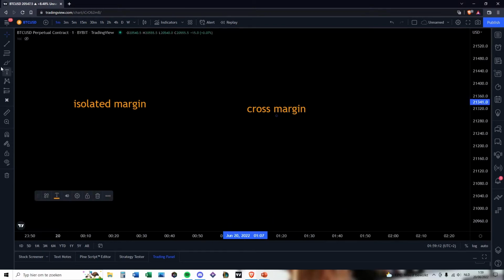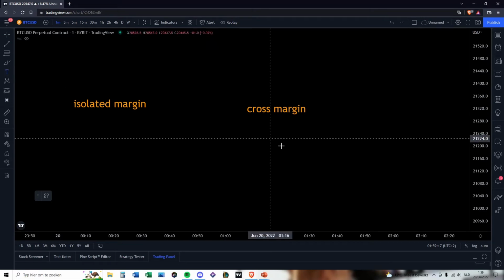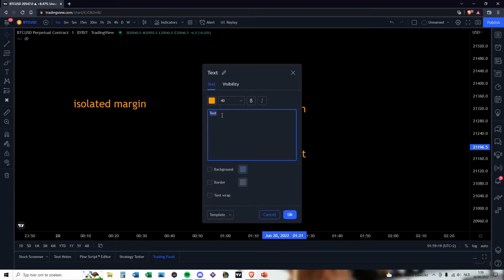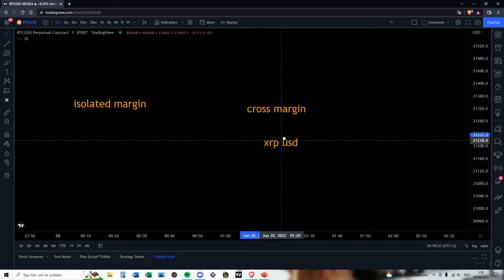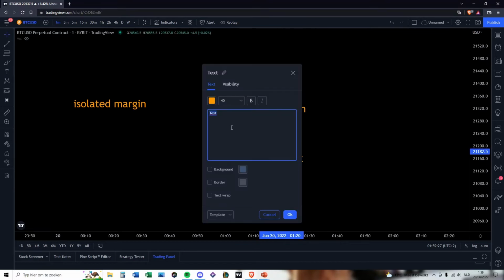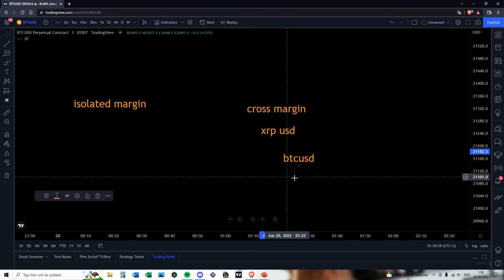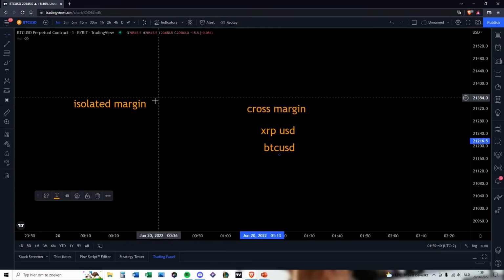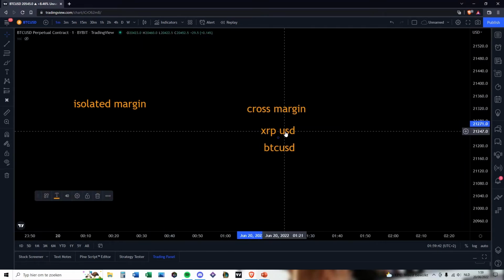So let's say you want to trade several coins in margin. You have XRP USD and BTC USD, I don't know, and you have several others like XLM or something, and here you have the same.